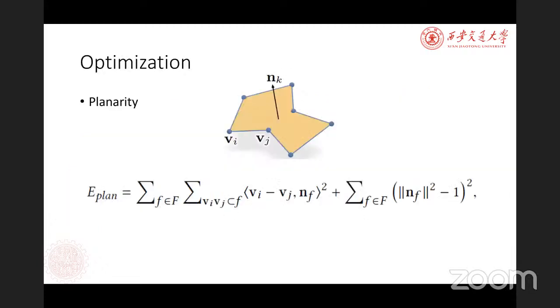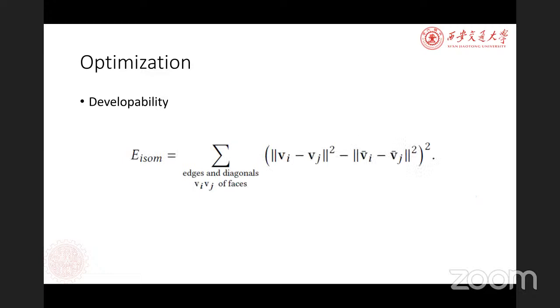So in the optimization, we formulate the constraints as energy terms. The planarity is represented by the orthogonality of the face normal and its corresponding edges. And the developability is guaranteed by forcing each face of the 3D quad mesh and its 2D counterpart to have the same edge lengths and also the same diagonal lengths.